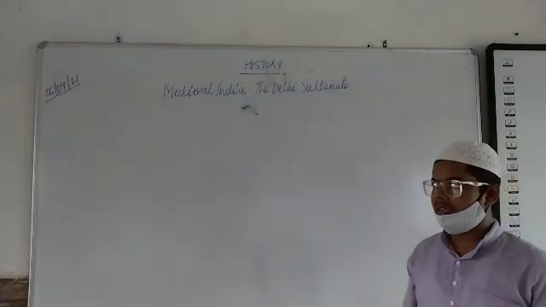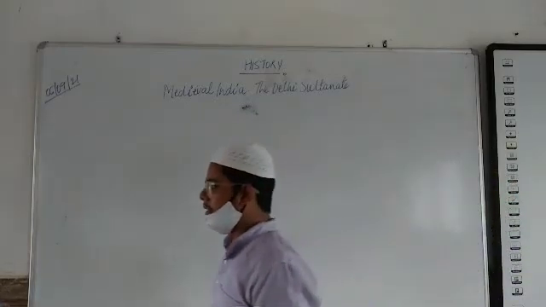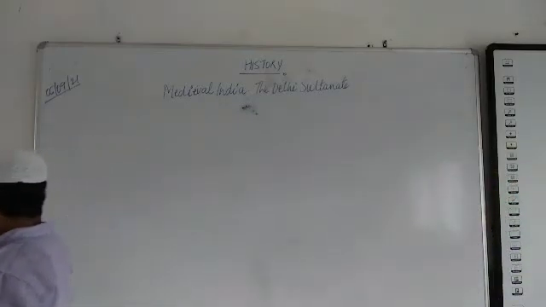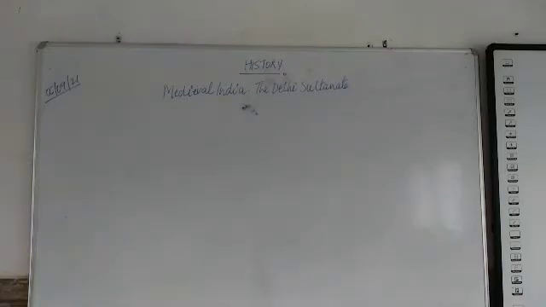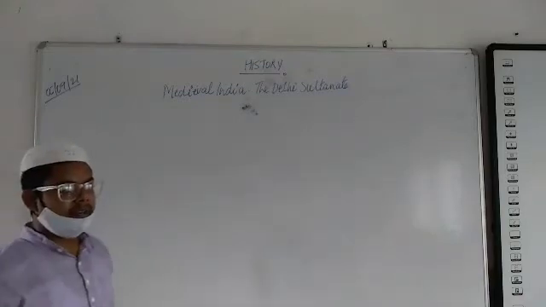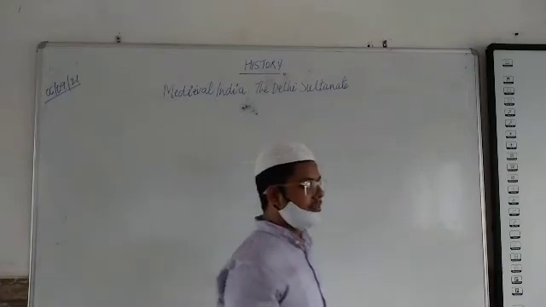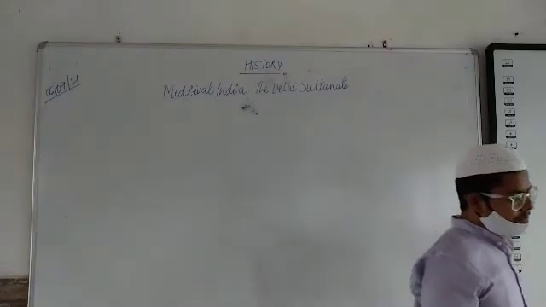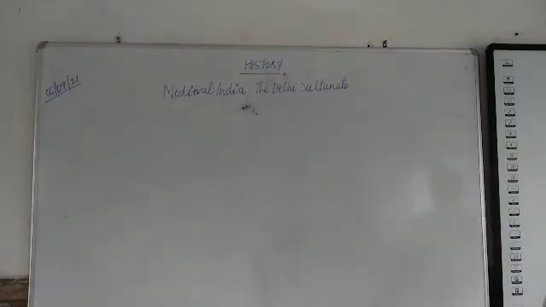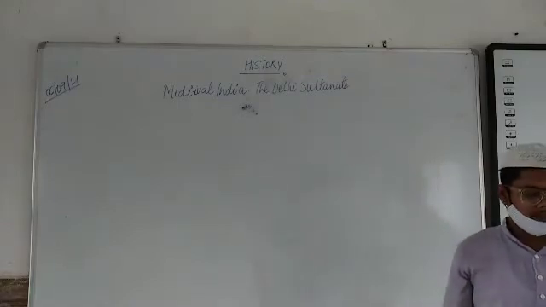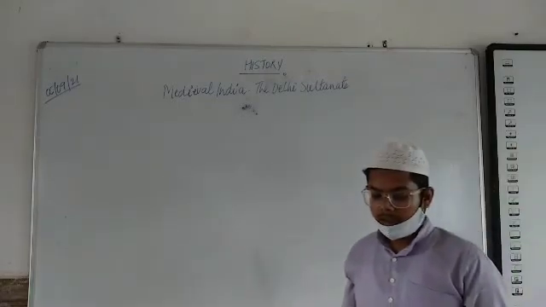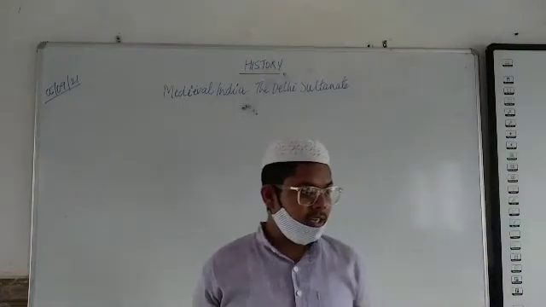I was teaching this to the 8th class. The Britishers also tried to invade Afghanistan, but the Afghans were so powerful that the Britishers failed. But now Afghanistan is not in power.